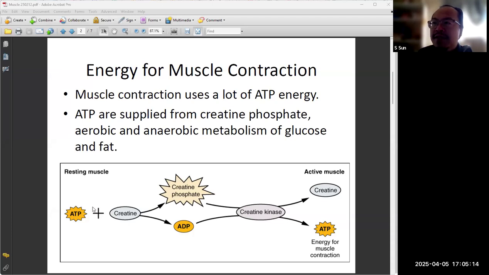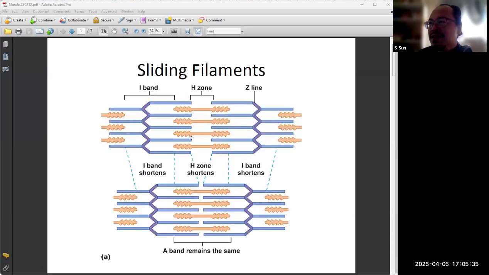When the muscle is resting, this ATP is going to get stored, and some of those will get stored as the creatine phosphate. When muscle needs to use the ATP, muscle will immediately use a lot of this ATP, the original ATP, to do the contraction, to do this sliding filament process.